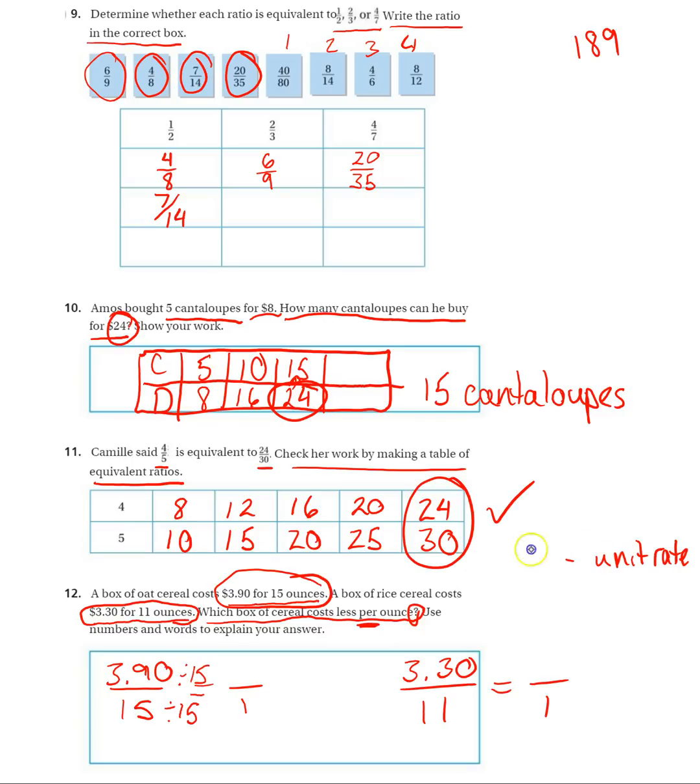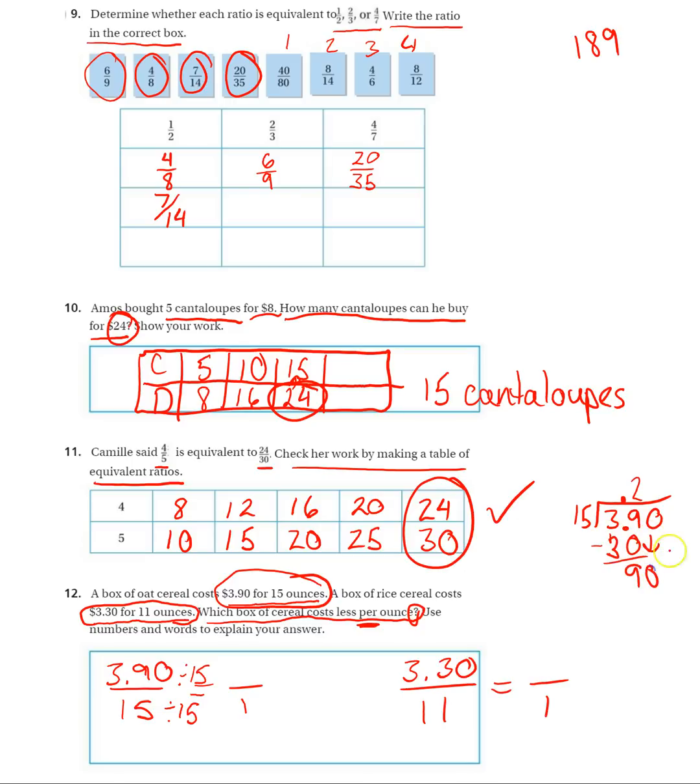Okay, so let me show my work. 15 into $3.90. Bring my decimal straight up. 15 goes into 30 twice. 2 times 15 is 30. Subtract gives me 9.